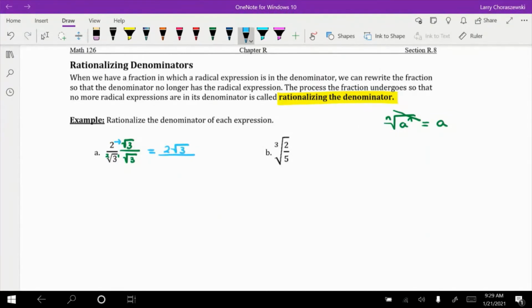Now on the bottom, because each of these 3's are in a square root, we can multiply the insides together. And what that's going to give us is the square root of 3 squared. What's going to happen with this square root and this power of 2?